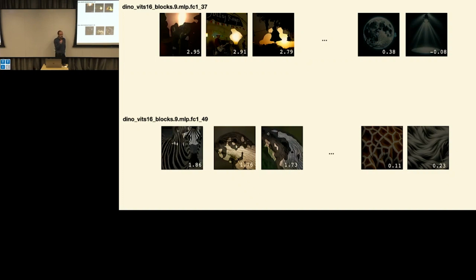There might be a unit selective for cars, but with a particular viewpoint, and another unit with a different viewpoint, or a different make, or maybe cars that are smaller. It depends how important that particular concept is for the task. But generally you don't find just one unit doing one thing. You find multiple.